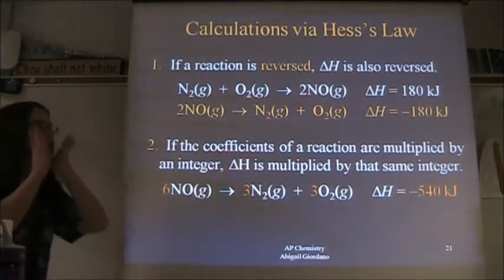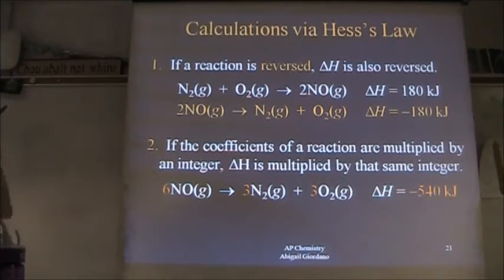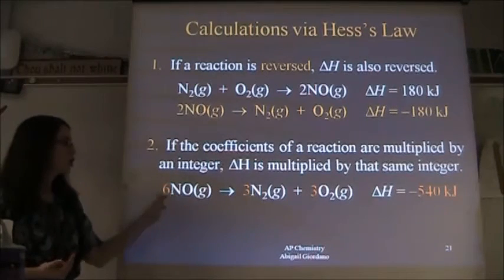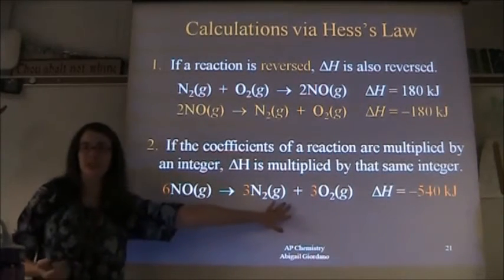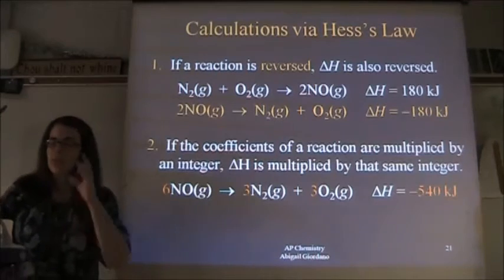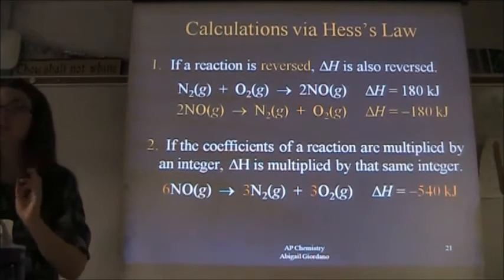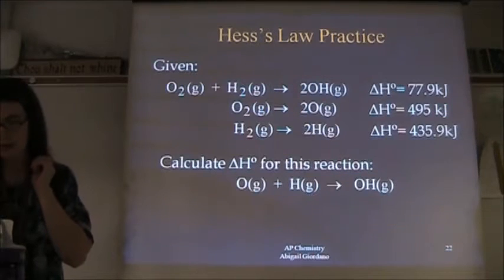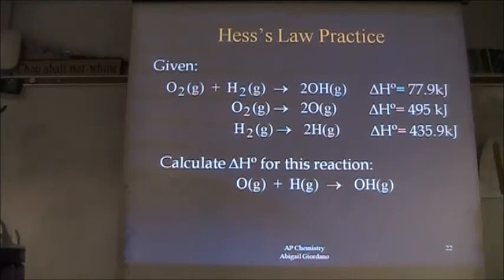So in a Hess's Law problem, you're going to have to manipulate these elementary steps. You might have to reverse some of them. You might have to change the coefficients of some of them. Let's do an example together. This is what a Hess's Law problem looks like.